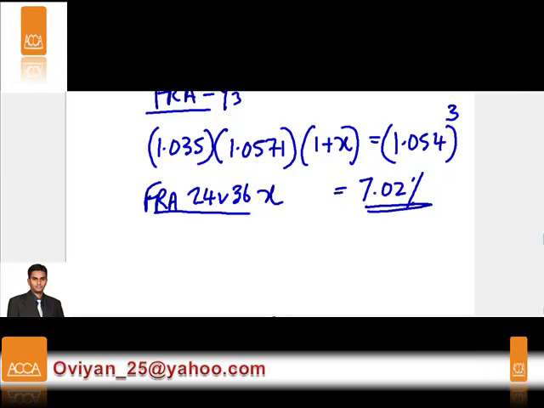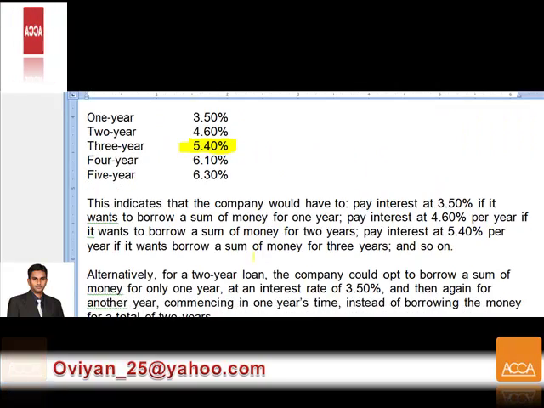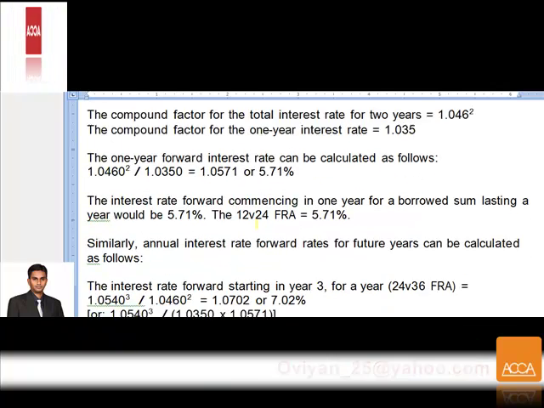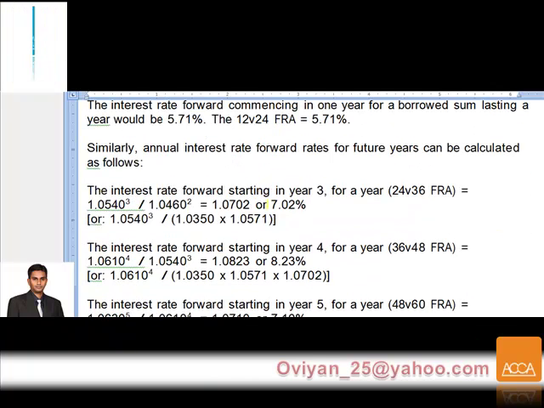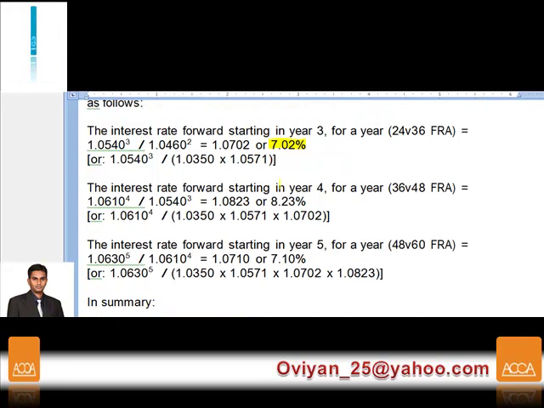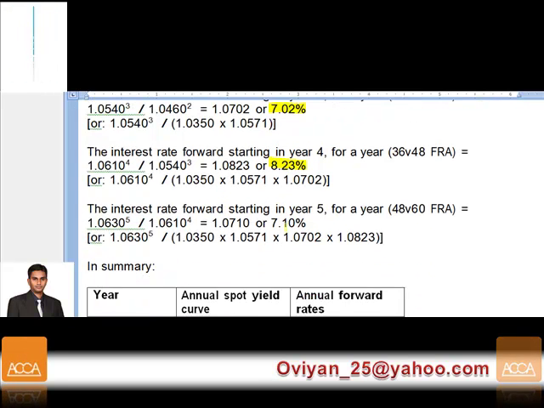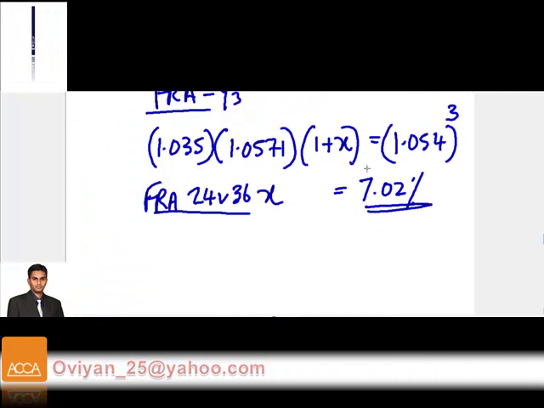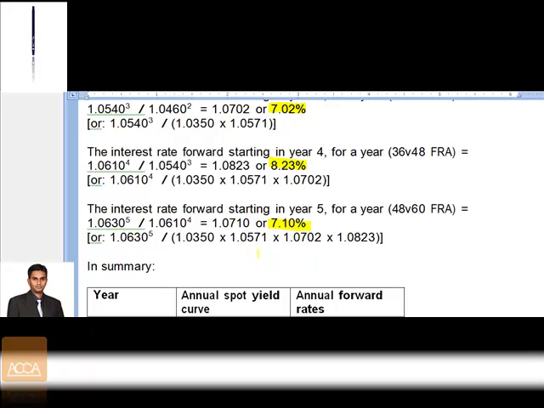Alright? Now, coming back here, you got 7.02, and you can do the same thing for year 4, and you can do the same thing for year 5. The way we did it just now, you can do it the same way. Okay, so this is what you get here.